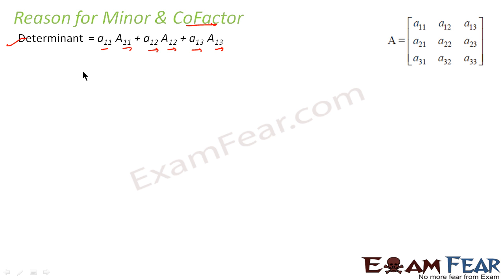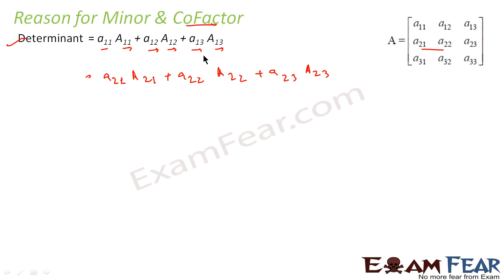Also, since in this case we took row 1, we can also say, if I take row 2, A21 cofactor A21 plus A22 cofactor A22 plus A23 cofactor A23. Both are the same.